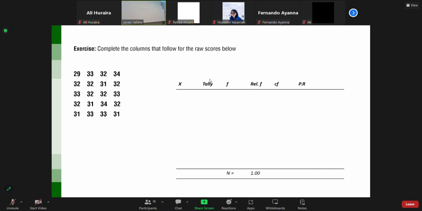If you start from the higher value to the lower value, I can say that all the individuals have a value of the maximum, this 34, or less. So the cumulative frequency is 1, 2, 3, 4 times 5, 20. That's the cumulative frequency.